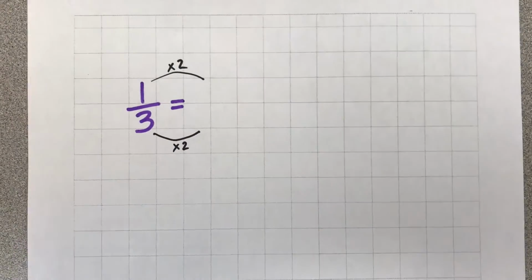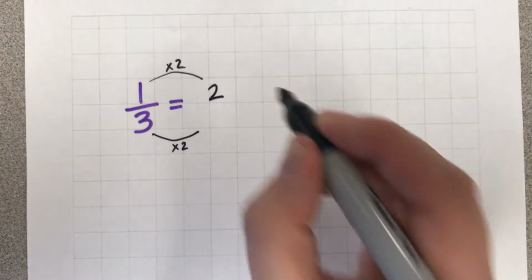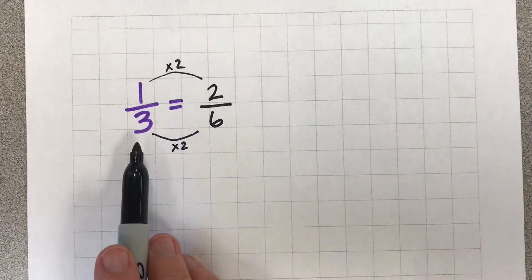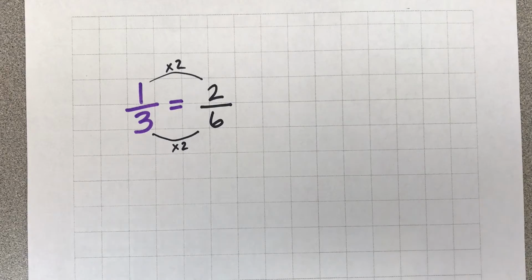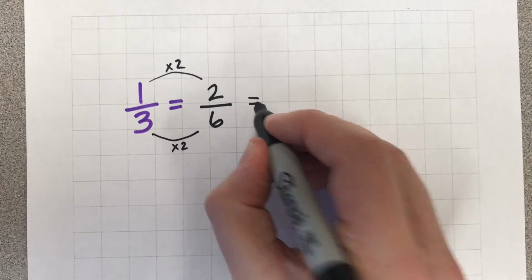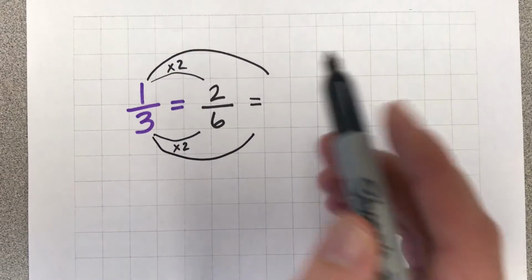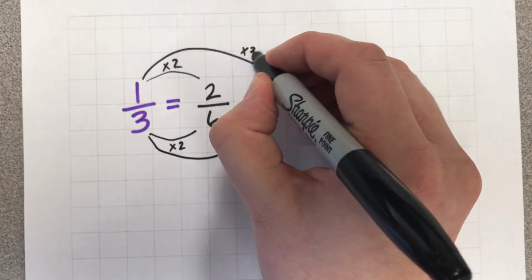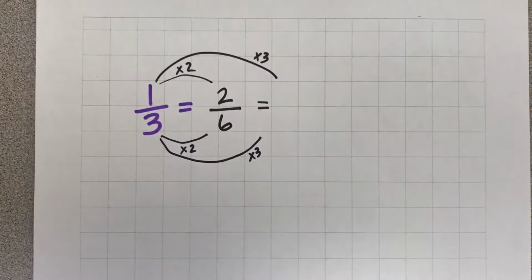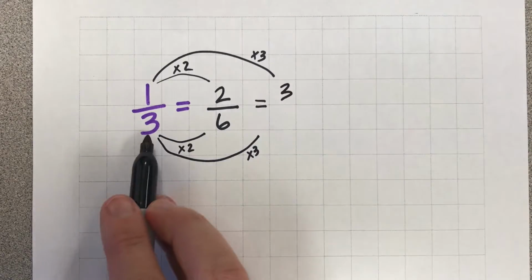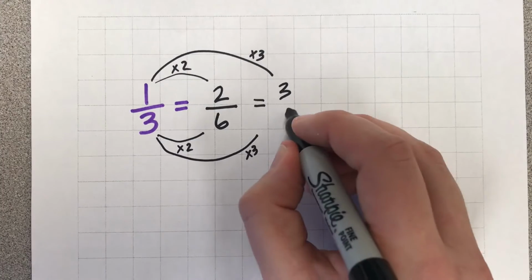I'm going to multiply both sides by 2, and I will end up with 2/6. Now 2/6 is an equivalent fraction to 1/3. And then we can keep going. We've done 2, so let's do 3 next. I'm going to multiply both sides by 3. 1 times 3 is 3, and 3 times 3 is 9.